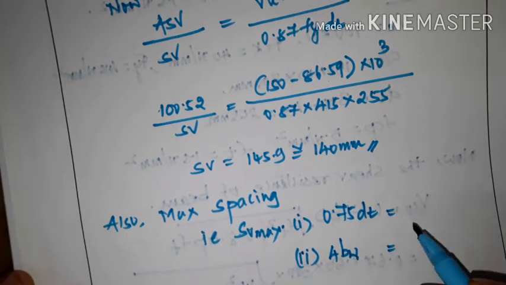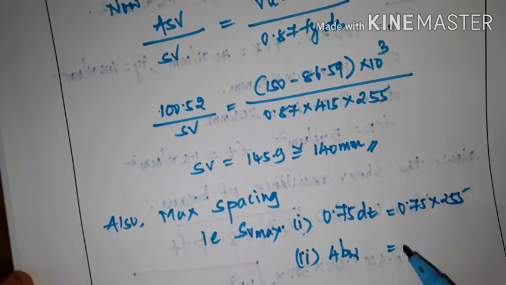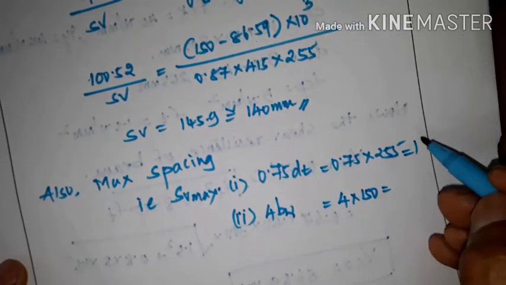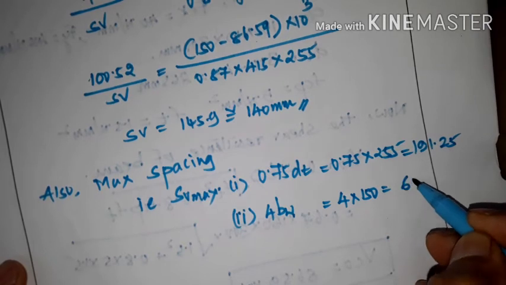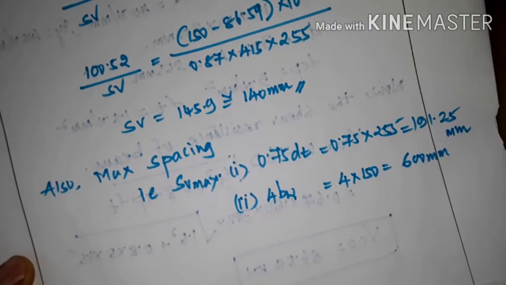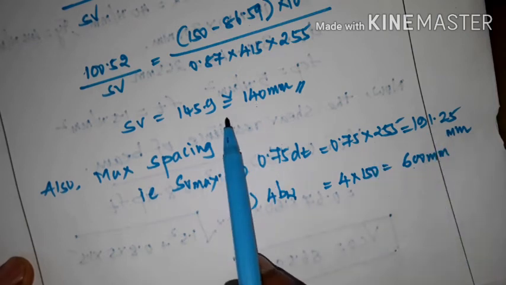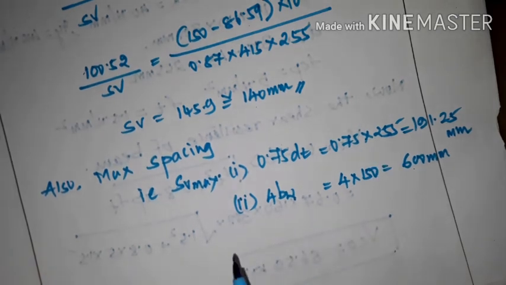So 0.75 into 255 and 4 times BW is 150. We will get this as 191.25, this as 600 mm. And in both the conditions our spacing is less. First is 191, second is 600. So our spacing is 140, which is less than both the conditions. So it is okay.